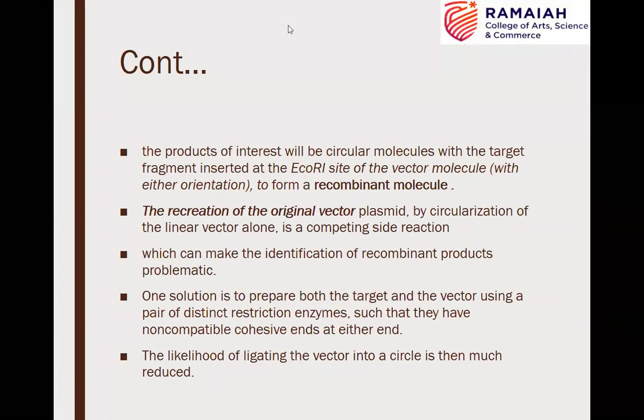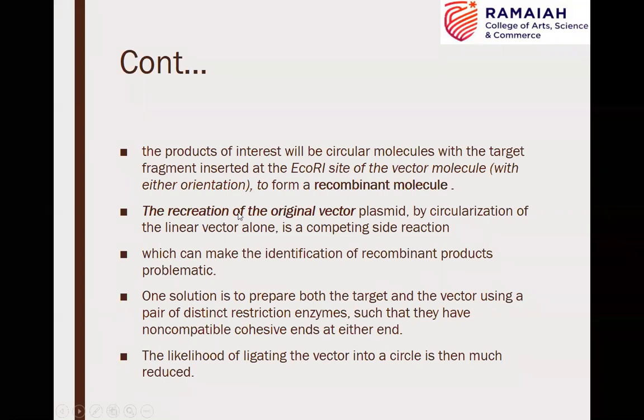Continuing, as I mentioned, the products of interest will be the circular molecules with the target fragment inserted at the EcoRI site of the vector molecule. It could be in either orientation. In the next slide, I'll show you the diagram. What do I mean by either orientation of incorporation to form a recombinant molecule?